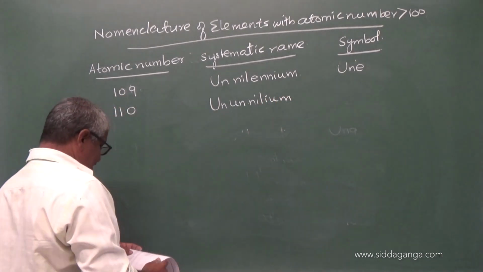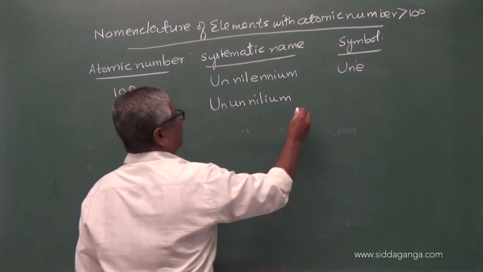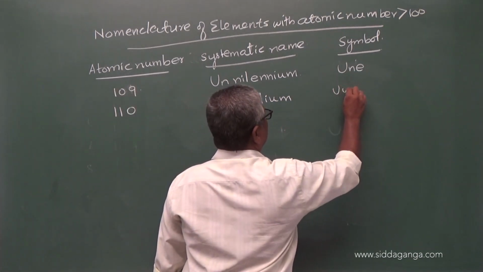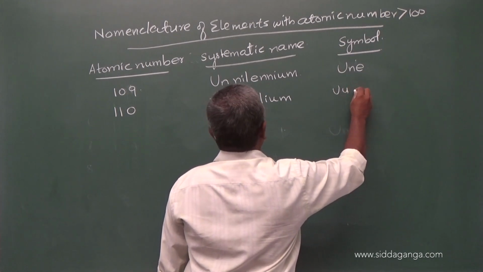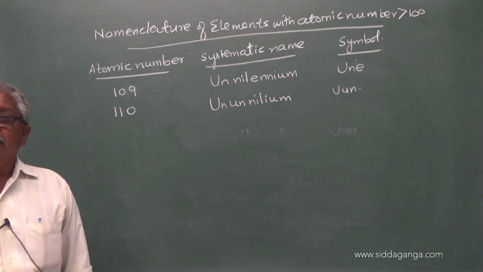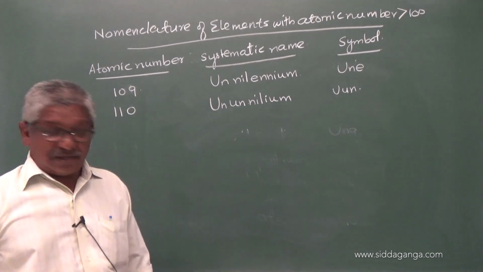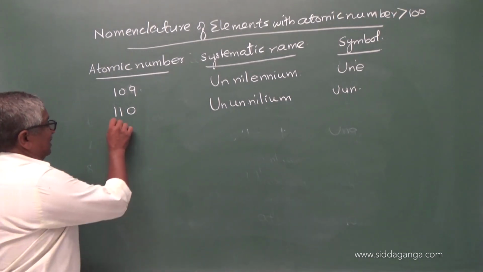There is a 2, un, 1, then un, and nil, n. Capital U, small u and n is the symbol for that. Next it is 111.